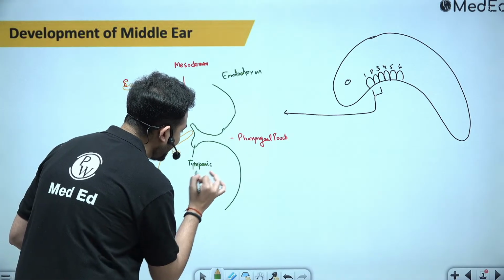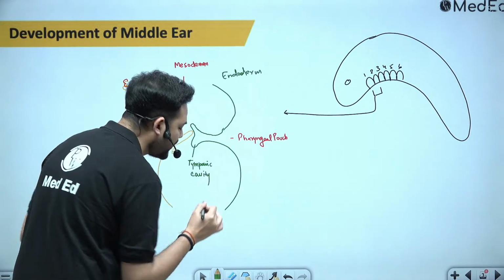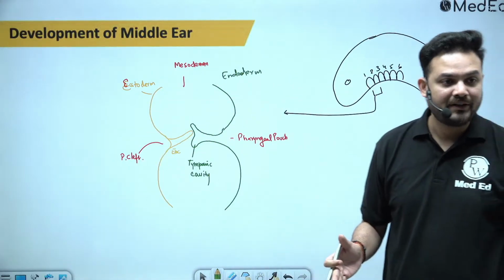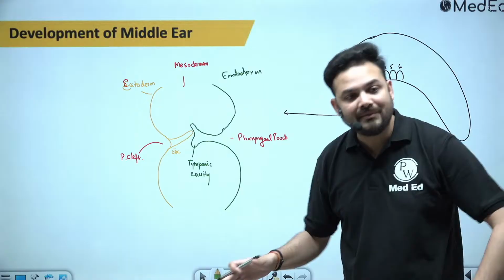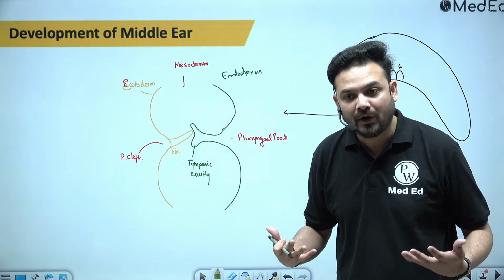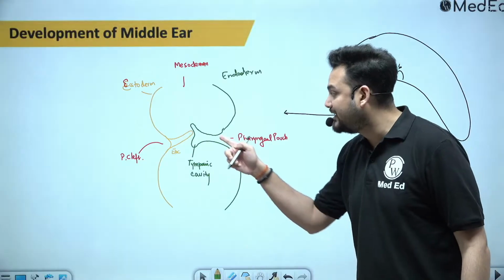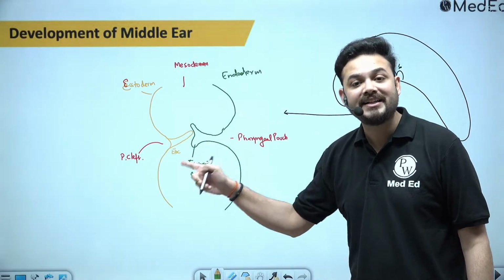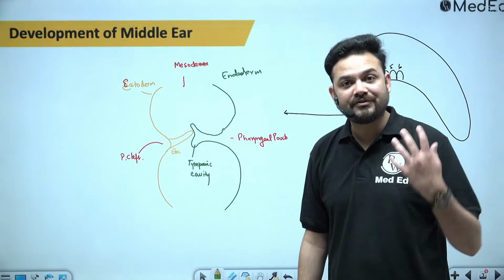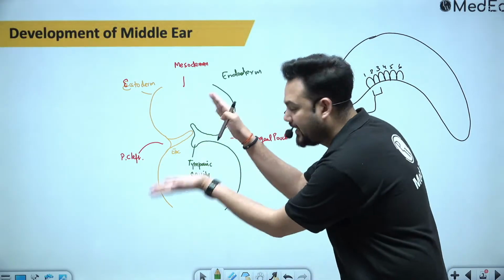And I told you we call it the tympanic cavity because the Greek word tympanum literally means middle ear. So if I'm talking about the tympanic cavity, I'm talking about the middle ear cavity. Where is the middle ear cavity developing from? It is developing from the distal end of the first pharyngeal pouch, this expanded portion.